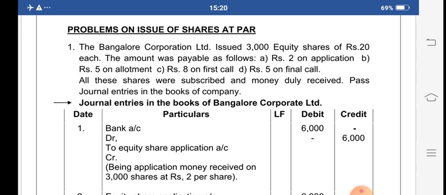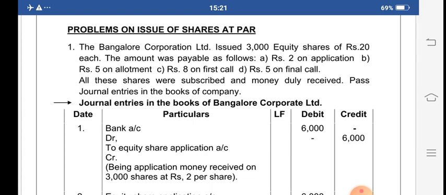Now write the narration: being application money received on 3000 shares at rupees 2 per share. Each share they are receiving rupees 2, so 3000 into 2 is rupees 6000.